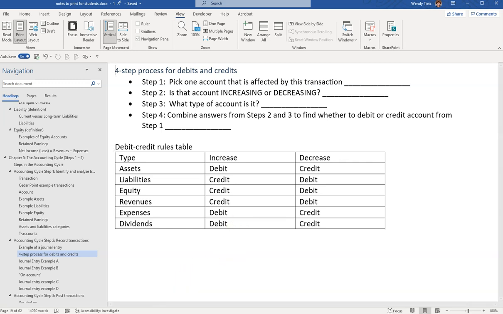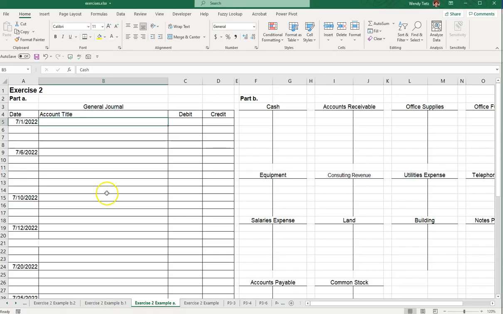So let's go back to our worksheet, our exercises. And the first transaction is that they invested $2 million into the business. And we're recording the transactions from the standpoint of the business. So the first transaction, pick one account. Well, cash. The company is getting cash, so cash is increasing.